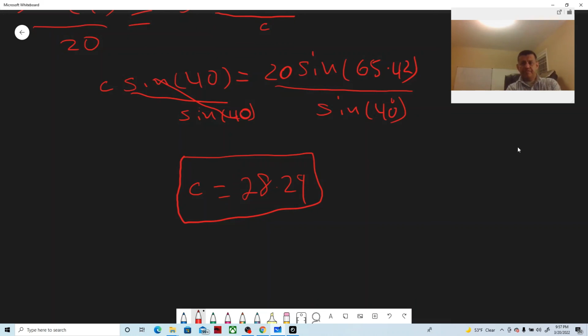Or maybe we will use the law of sines again and look at one of the other cases.